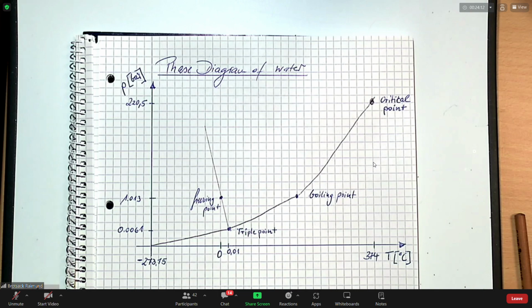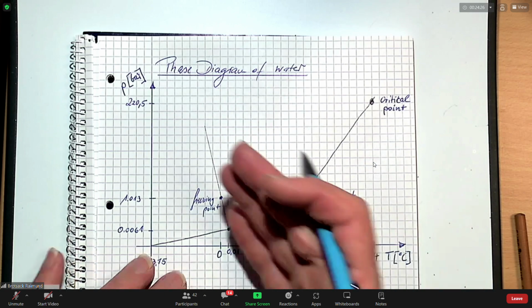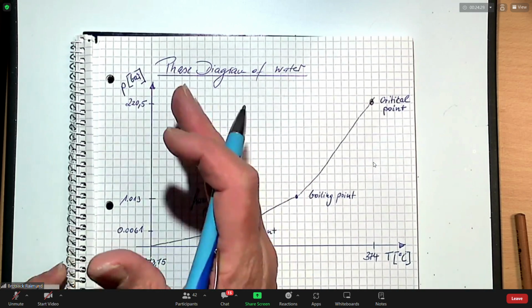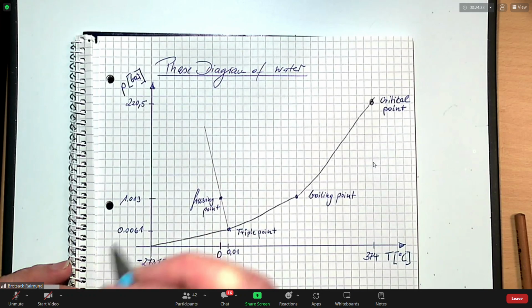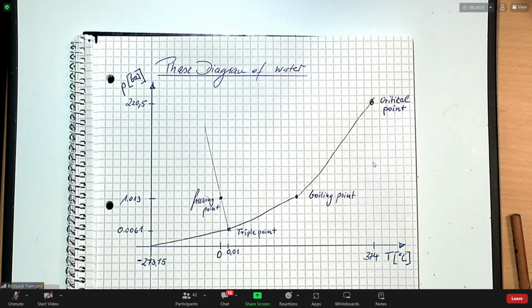Now let's go on with interpretation. What is the phase of water here? Solid. So here on the left side, low temperature, relatively low pressure, water is solid.